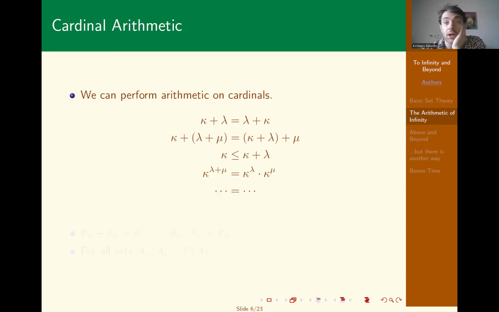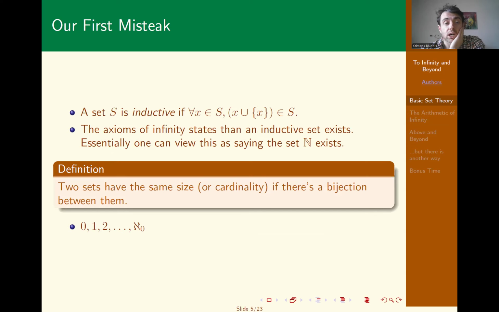Great. So we have this notion of cardinality, right? We say two sets have the same cardinality, or we say size, if there's a bijection between them. So we've got each of our finite sets, 0, 1, 2, and so on. And then Aleph null we denote as being the cardinality of the natural numbers.